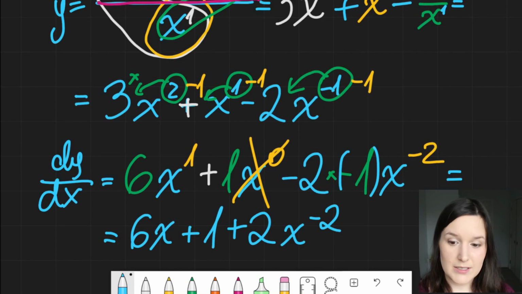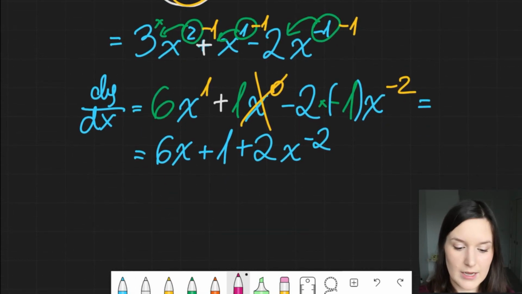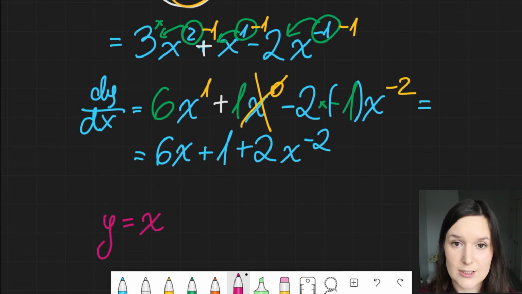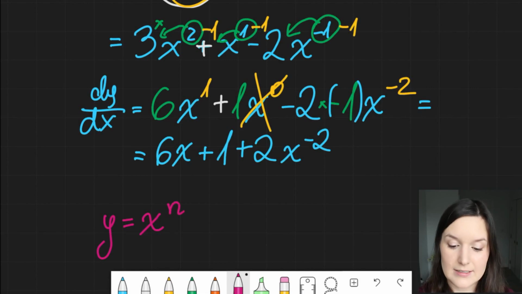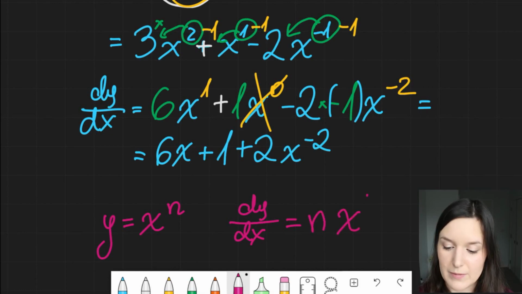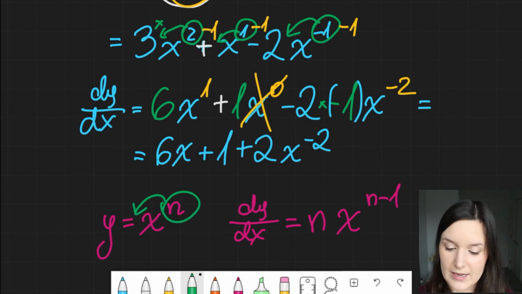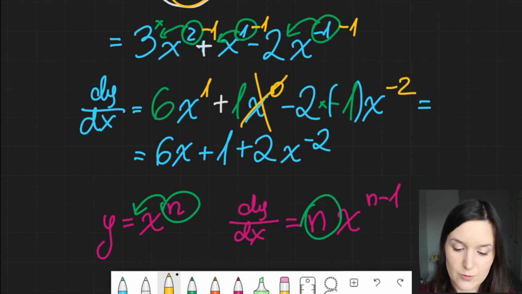So just to sum up, if you want to use the power rule, if the function is x to the power of n, then the derivative is n x to the power of n minus 1. You take your power in front of everything and you subtract 1 to create the new power.